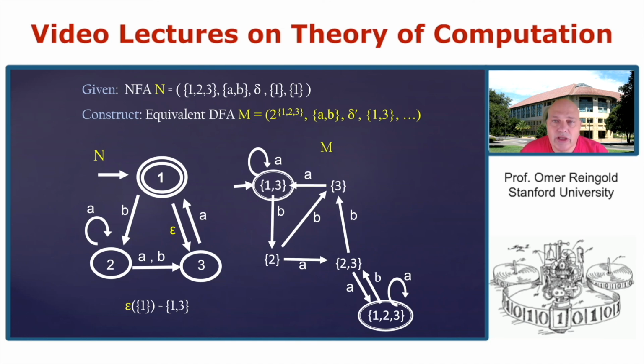With A, from 3 you reach 1, and the epsilon closure of 1 is 1, 3. And how about B? With B, from 3 you reach nothing, right? There is no B transition, and the epsilon closure of the empty set is empty, so this is the empty set. Once you're in the empty set, you stay put. There is nothing more that you can do.